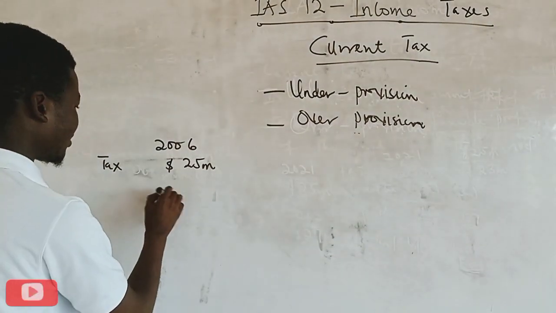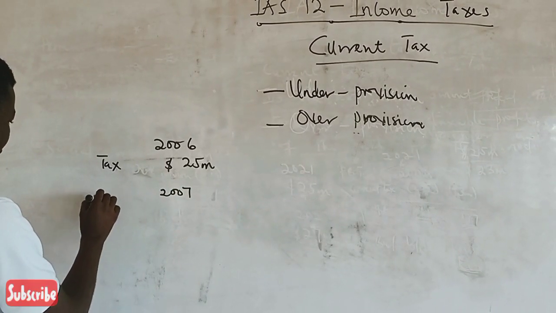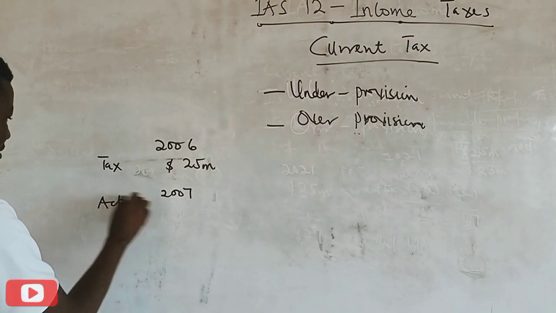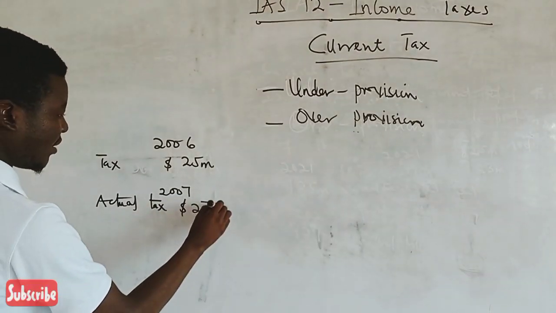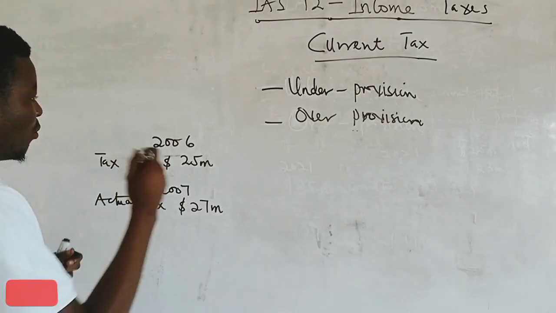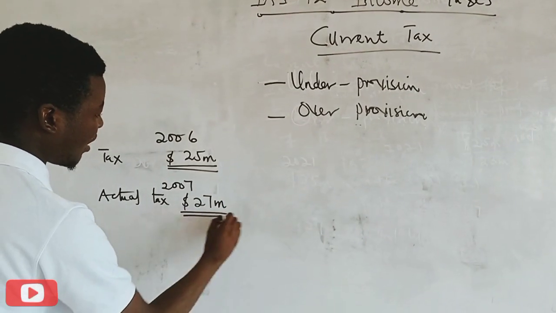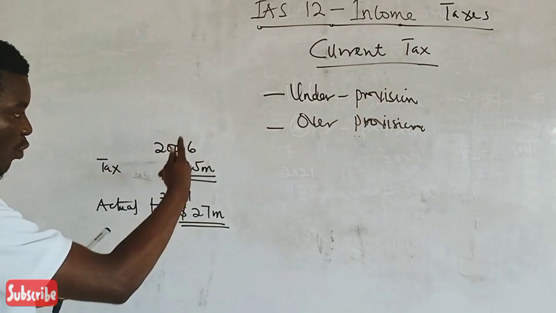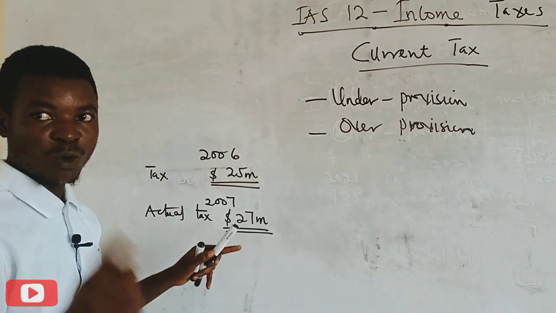So in 2007, the actual tax given to the entity was 27 million. What is happening here? We estimated 25 and now 27 million was given to us. We have underestimated. So in this case, this is under provision.